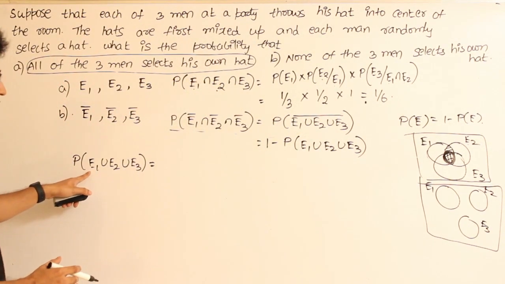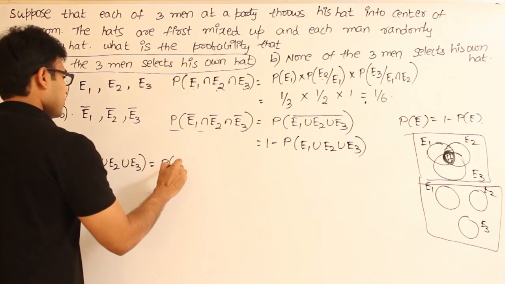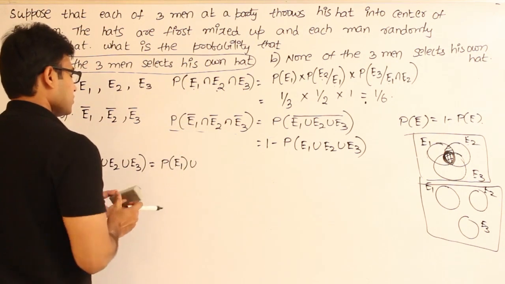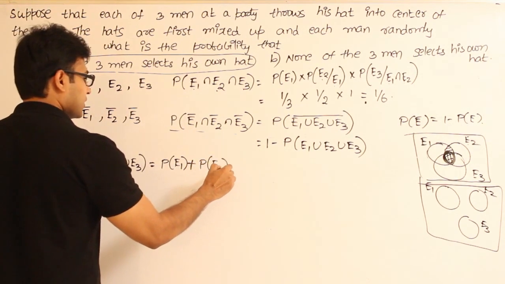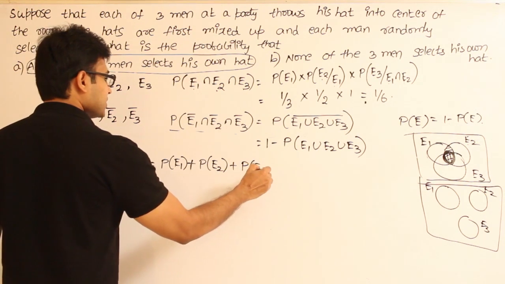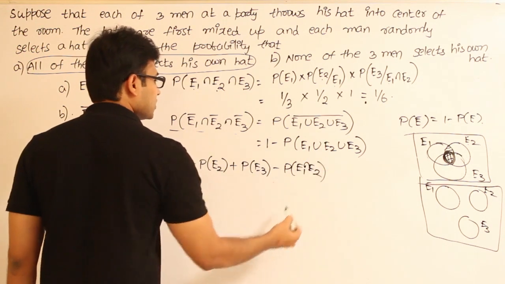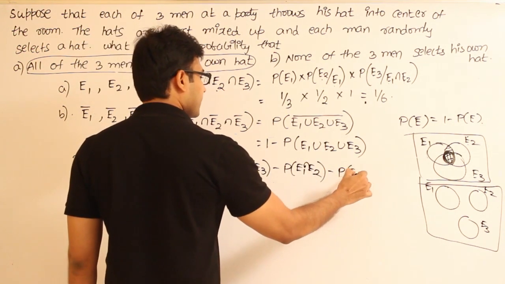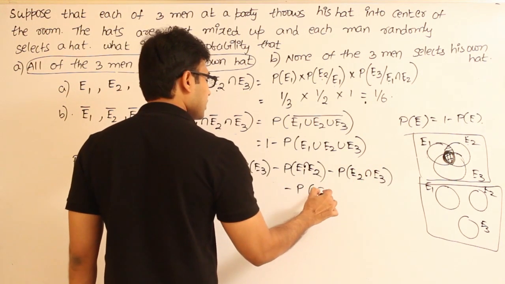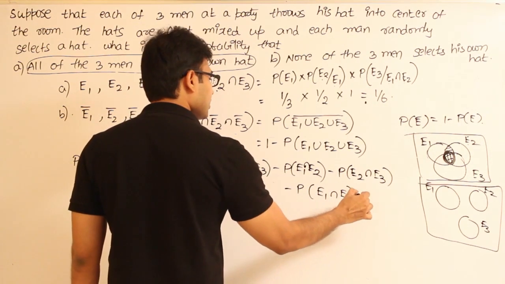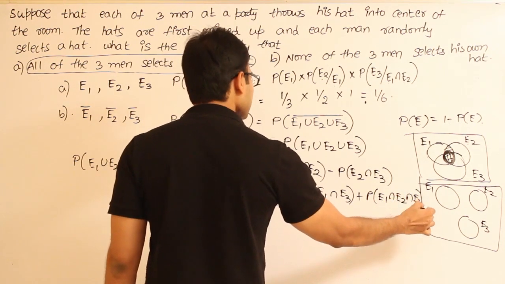So now let's expand this formula, keeping in mind that all the areas are possible. Now what is that? P of E1 union, so union is nothing but plus. So I am just applying the formula from set theory, right? P of E1 plus P of E2 plus P of E3 minus P of E1 intersection E2, minus P of E2 intersection E3, minus P of E1 intersection E3, plus P of E1 intersection E2 intersection E3, right?